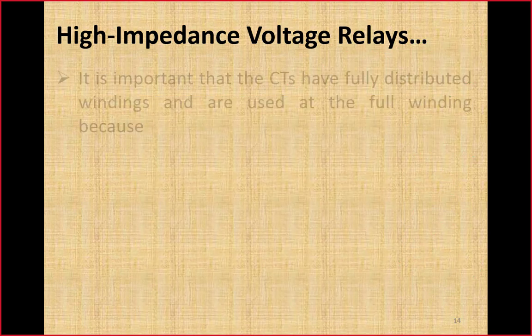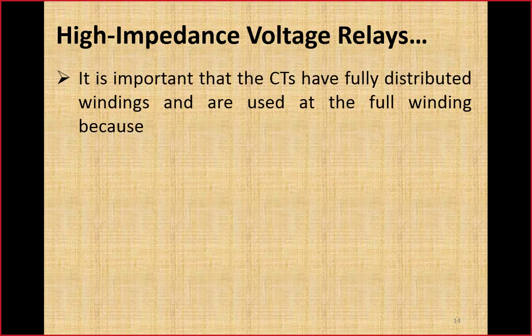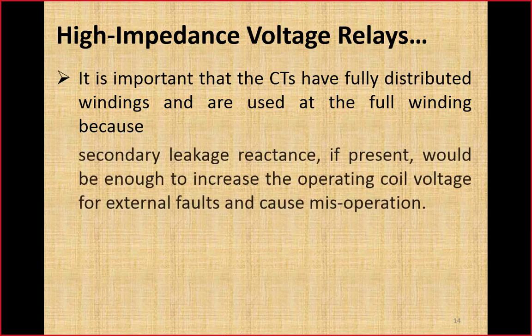So here are those points. CTs should have a fully distributed winding and be used at full winding, because we want the CT leakage reactance to be as small as possible. If the CT leakage reactance is significant, that may increase the operating voltage of the relay during a close-in external fault, and that may make the setting of the relay insensitive.